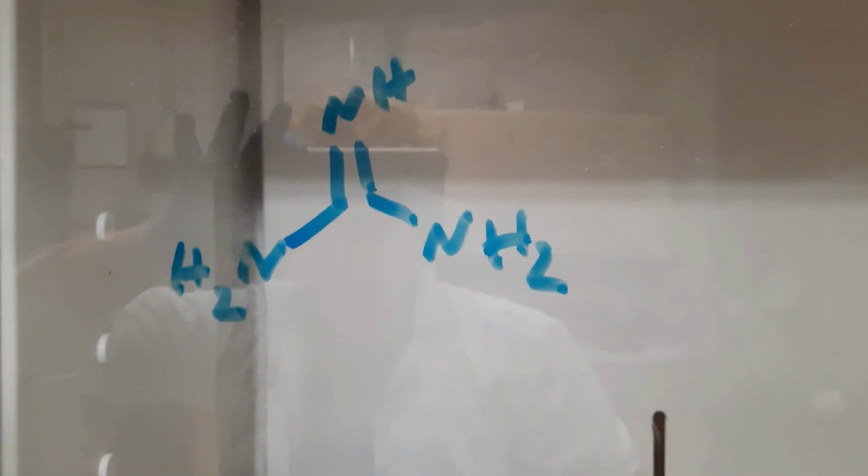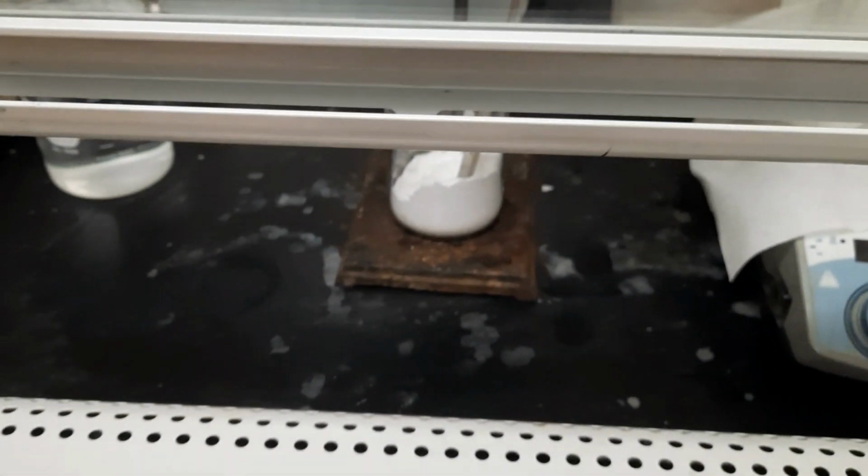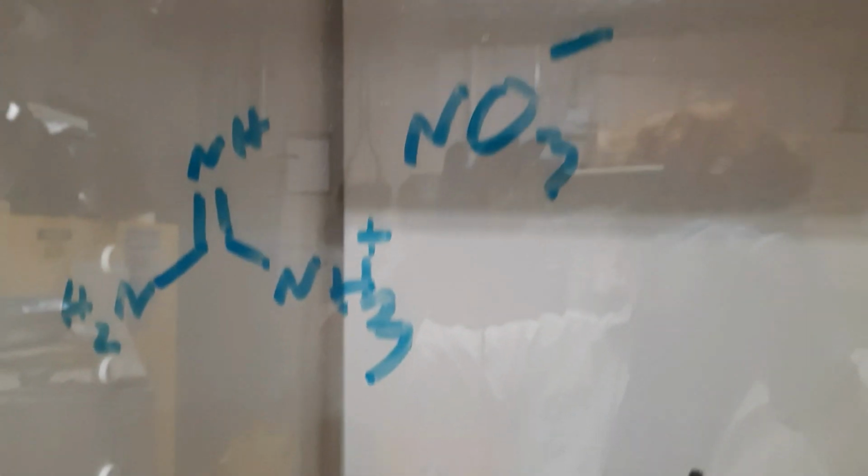This is guanidine, and when you make guanidine nitrate, it's the nitrate minus and the guanidinium plus. So that's the salt. Quite a bit of nitrogens, and I'm dehydrating that. I'm connecting these two groups together and spitting out a water molecule.